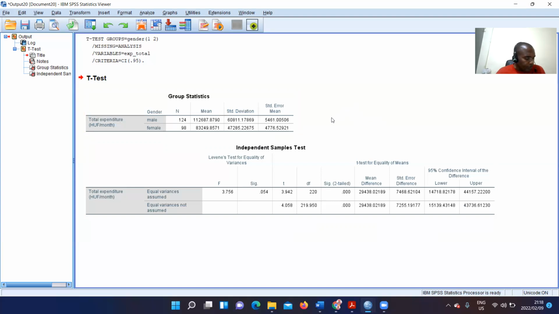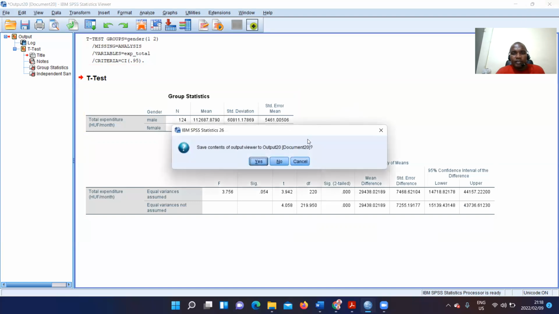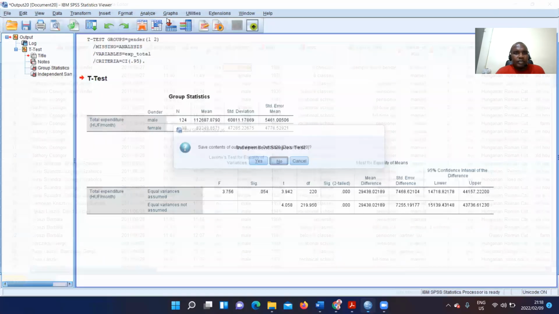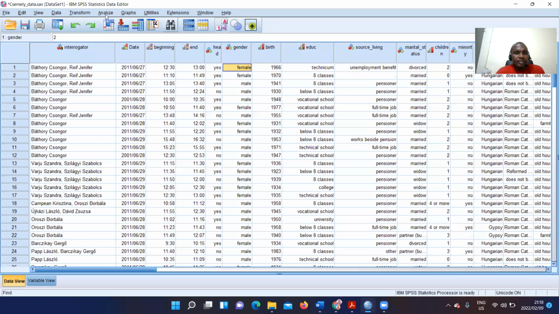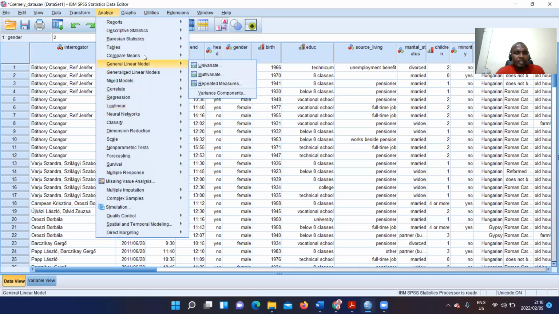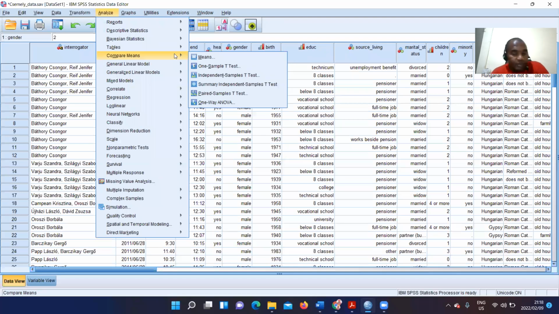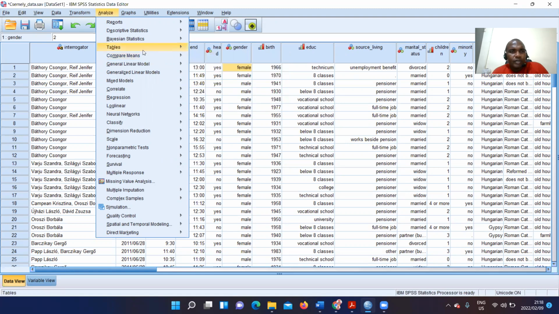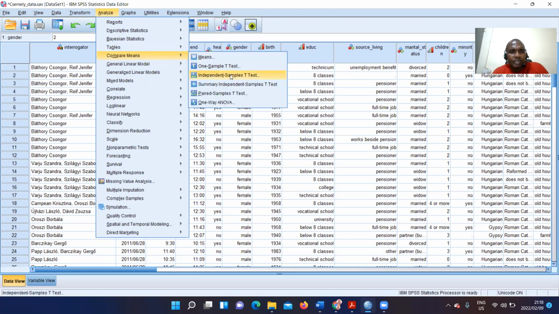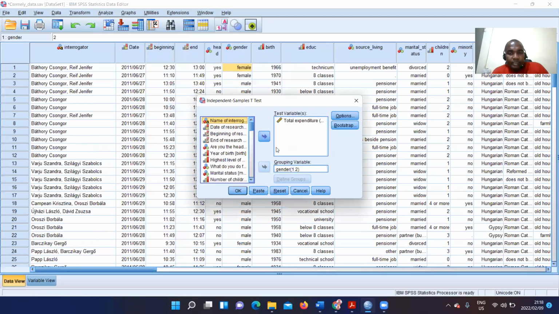And then we want to look at, now we want to be a bit more specific, because in this survey, the specified expenditure as expenditure on heating, expenditure on electricity, and so on. So we go to analyze, compare means, independent samples T-test.